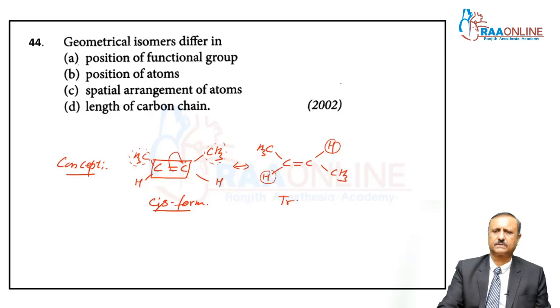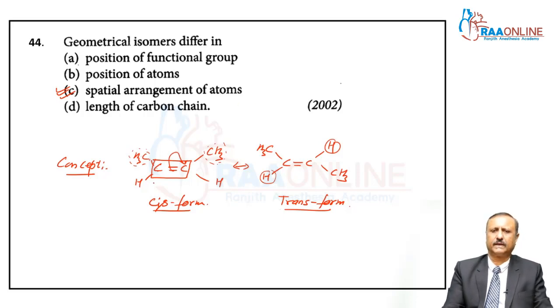So, my dear students, it is called trans form. So, cis and trans you get here, and it is due to restricted rotation. Due to this restricted rotation, the same groups are present on different sides, and this is present in space. So, this is called spatial arrangement. So, you can go to answer C, spatial arrangements of atoms or groups.